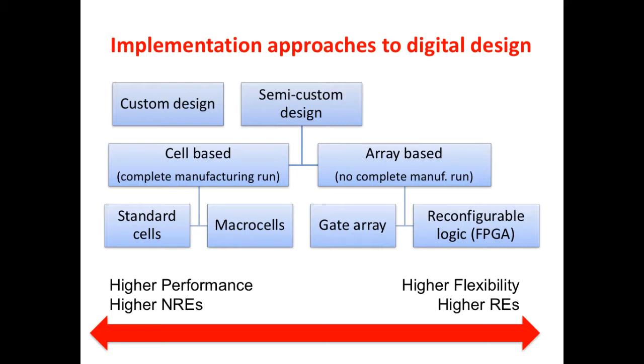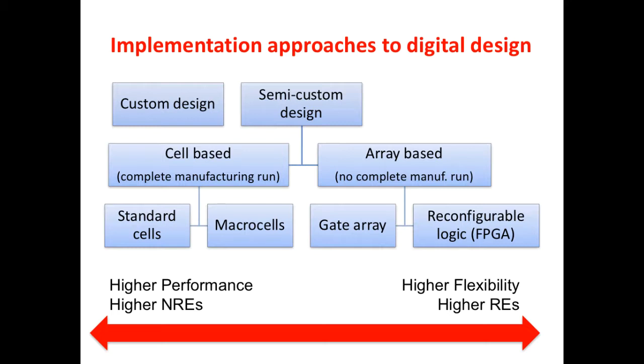And of course, it really depends on the application, because if you really need, let's say, 100 different chips, you don't go this way. If you just need 100 pieces, you prefer to pay for a high-performing FPGA, for example, even if you have high recurring expenses, but in the end you can save a lot on the non-recurring expenses that are very high if you have a smaller number of chips.